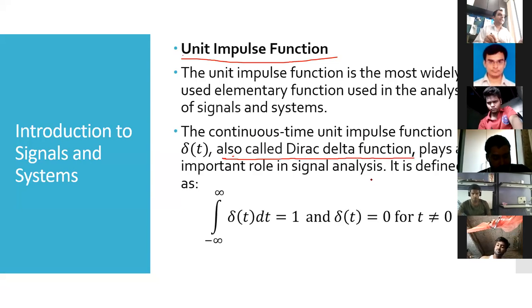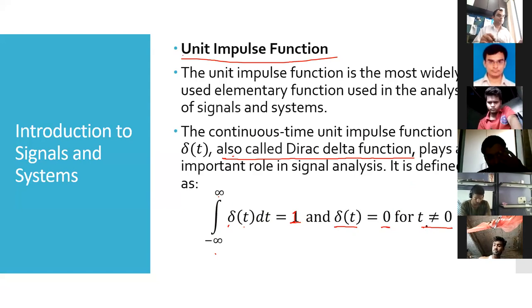It plays an important role in signal analysis, and it is defined as integration from minus infinity to infinity delta of t dt is equal to 1, and delta of t is equal to 0 for t other than 0.